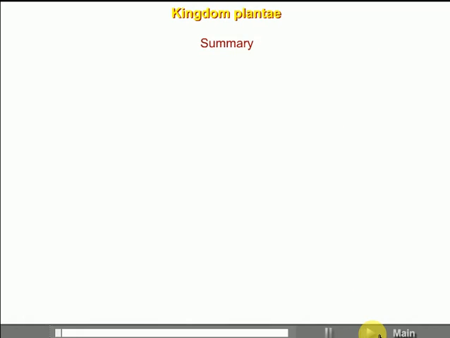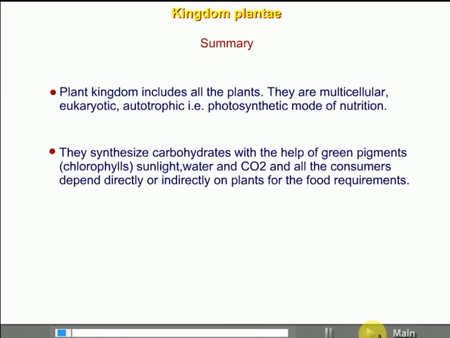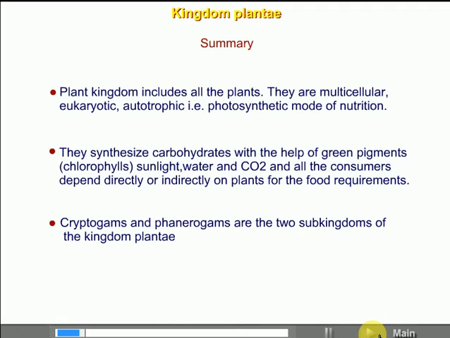Summary. Plant kingdom includes all the plants. They are multicellular, eukaryotic, autotrophic, that is, photosynthetic mode of nutrition. They synthesize carbohydrates with the help of green pigments, that is, chlorophylls, sunlight, water, and carbon dioxide, and all the consumers depend directly or indirectly on plants for the food requirements.